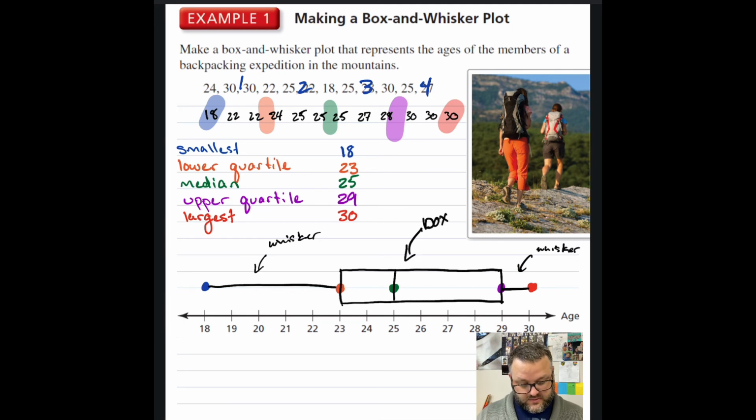In looking at this, what it means is 25% of our data falls between the numbers 18 and 23. The next 25% falls between 23 and 25. That's a smaller space for the same amount of entries.